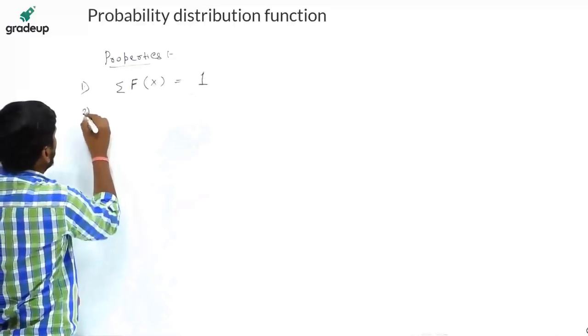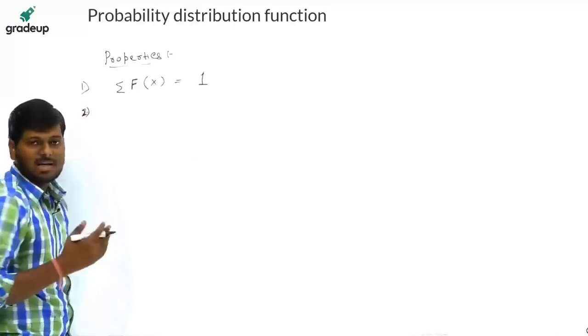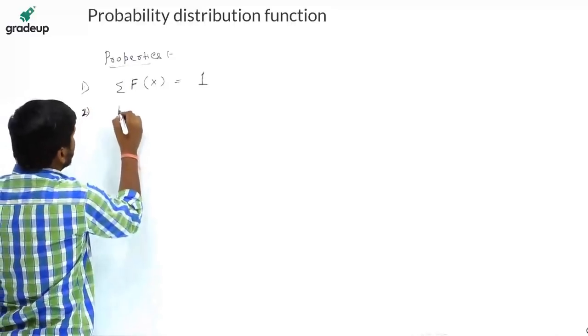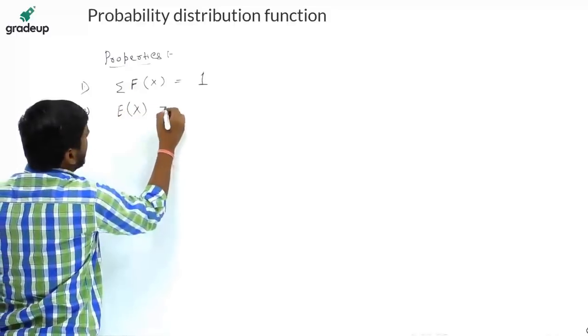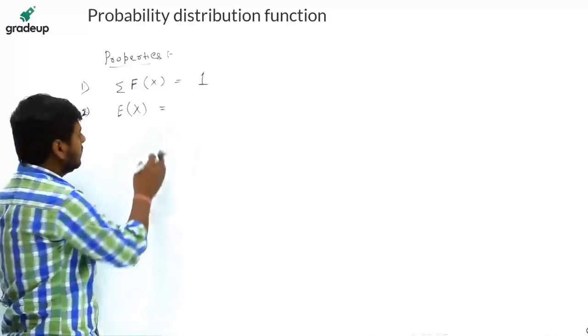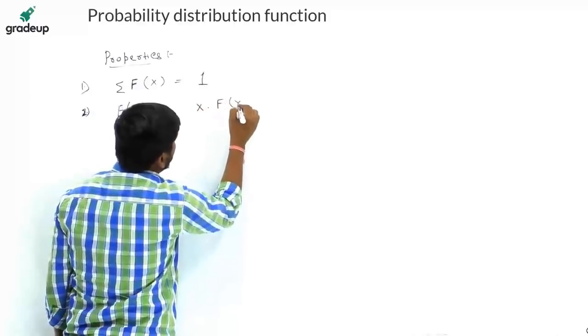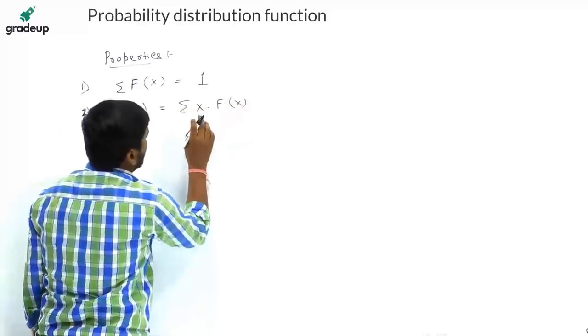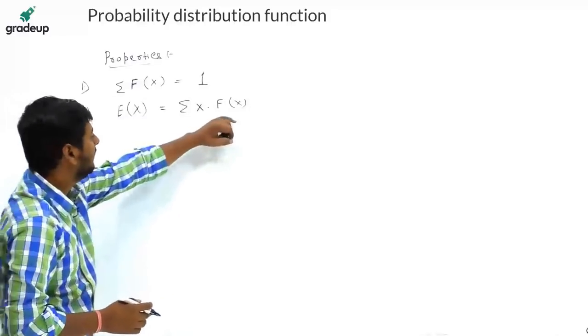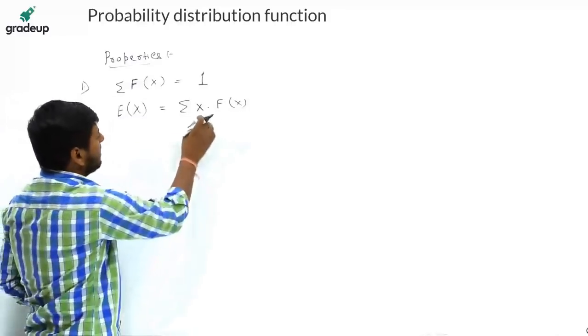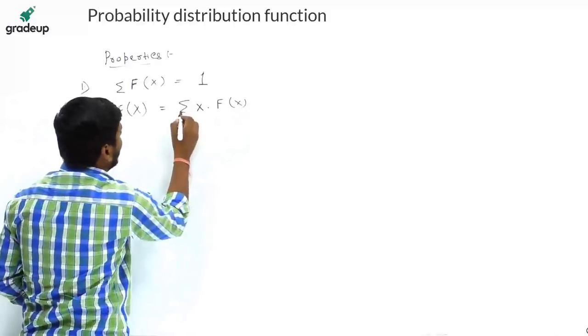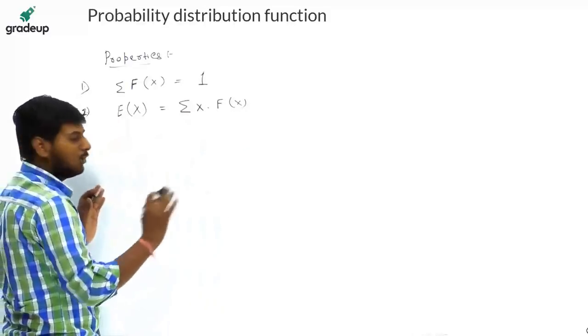Second property is the mean. Mean is sigma of x into f(x), where x is the output and f(x) is the distribution function. So x is multiplied with f(x) and we take the sum of all those outputs.